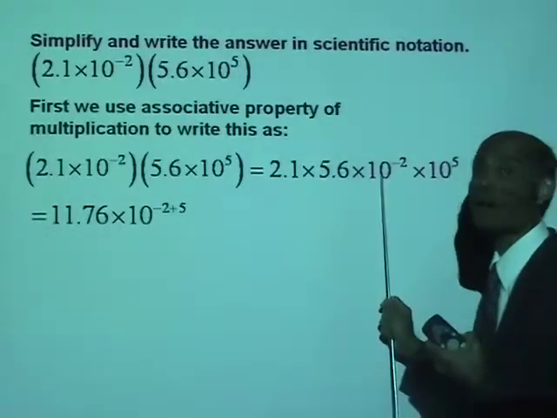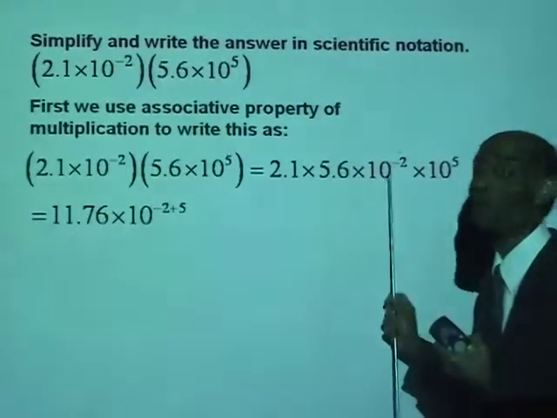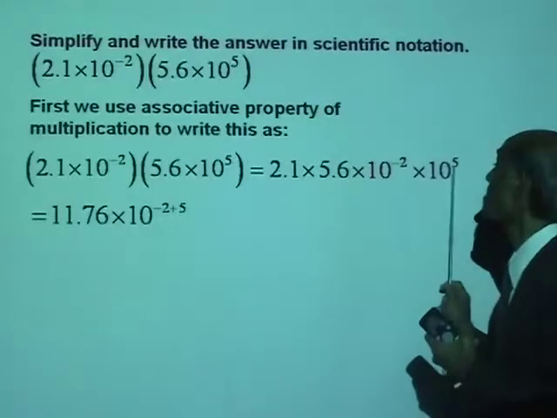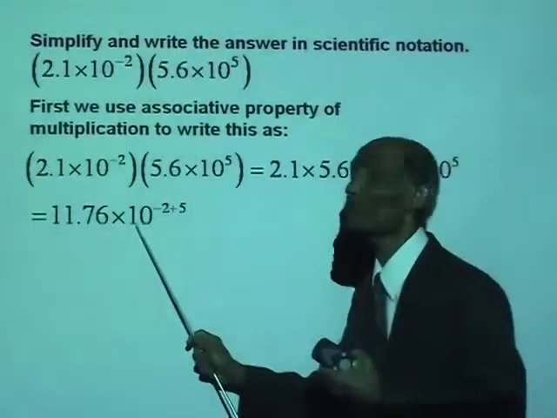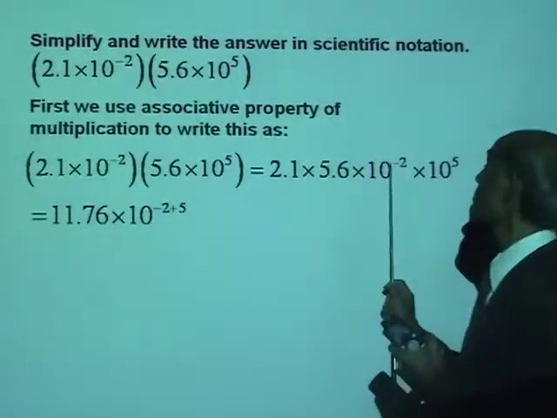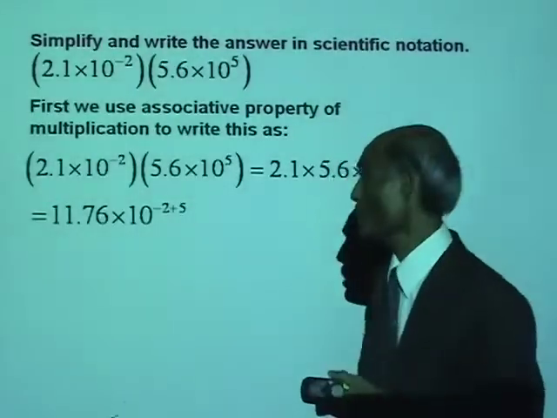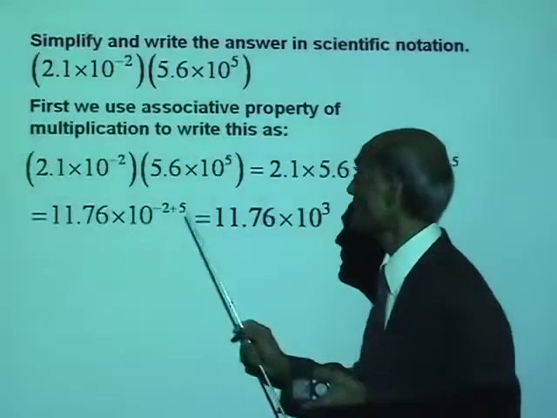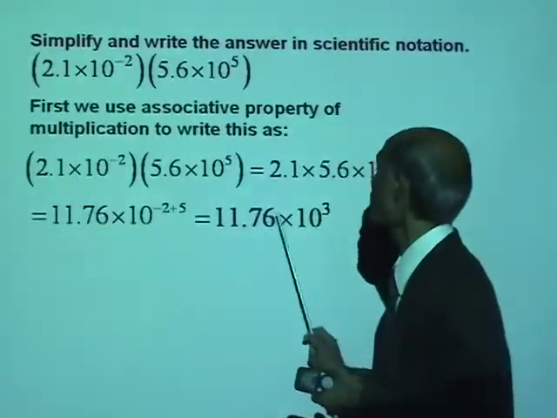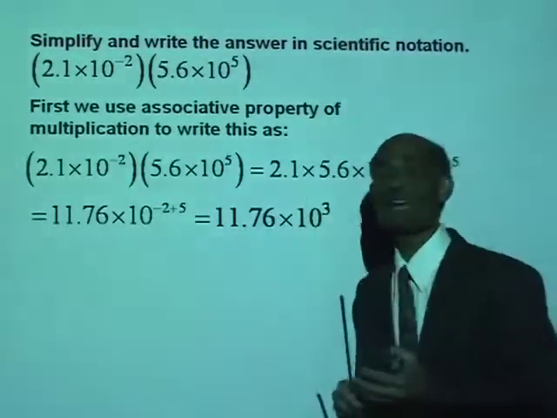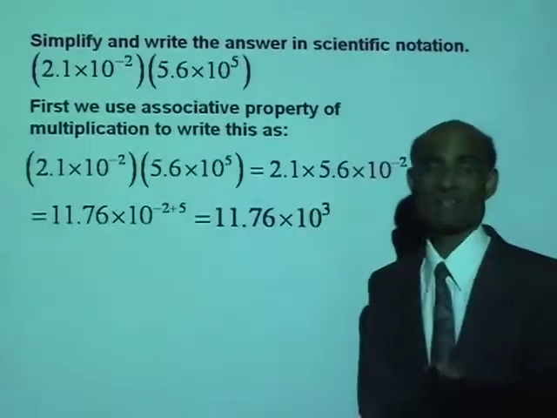When you multiply expressions with the same base, you add the exponents. So this will be 10 to the power of negative 2 plus 5. Okay. Now that is 11.76 multiplied by 10 to the power of 3.